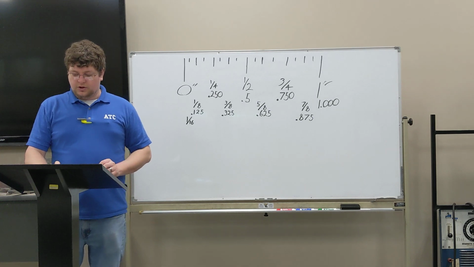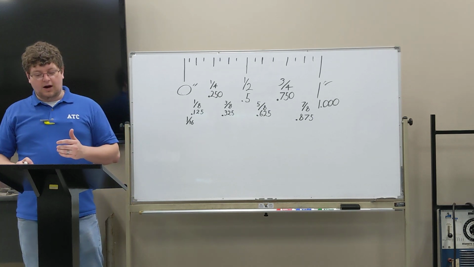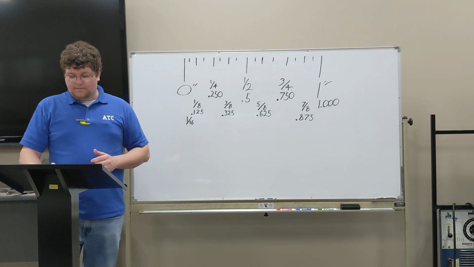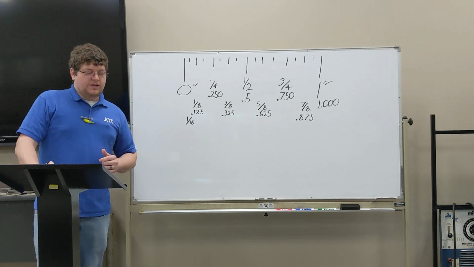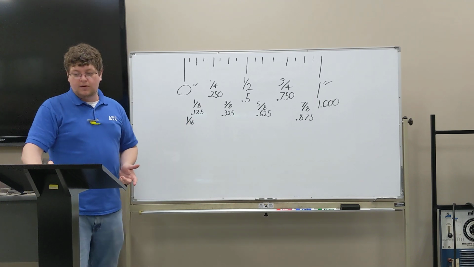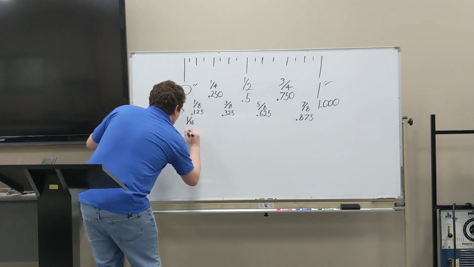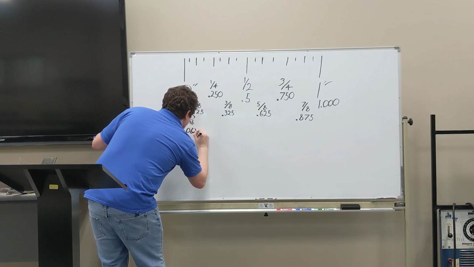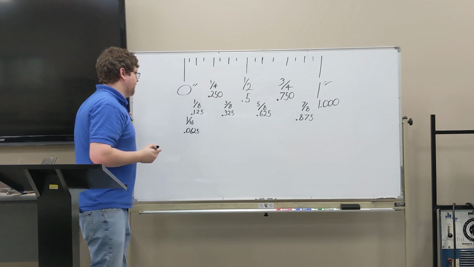So when you go to 1/16, you need to figure out its decimal value. 1/16 is half of 0.125, and the true number is 0.0625.